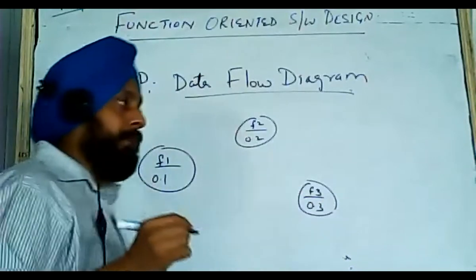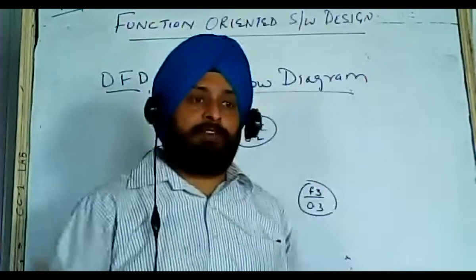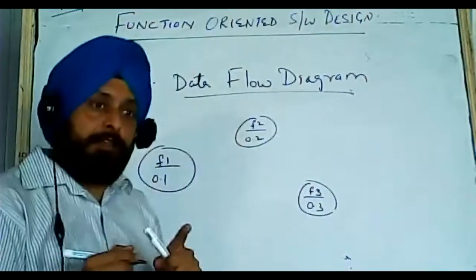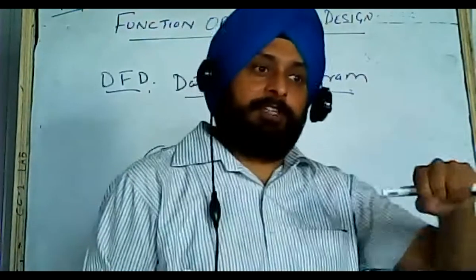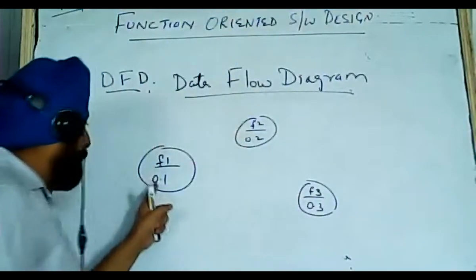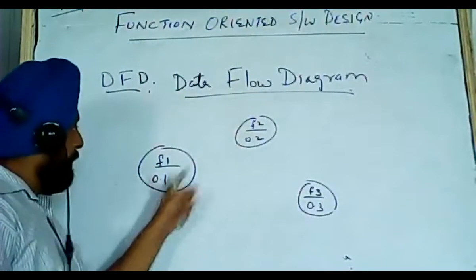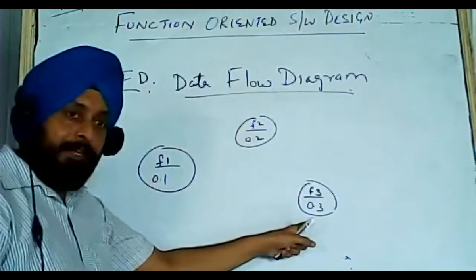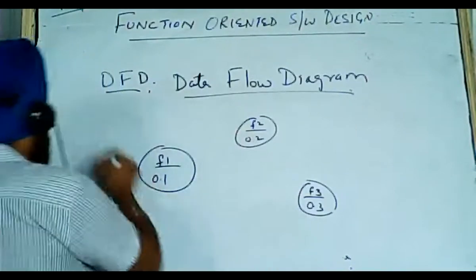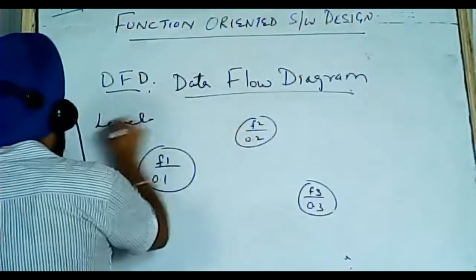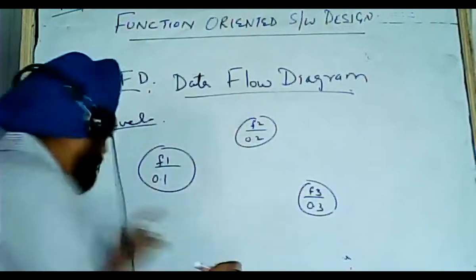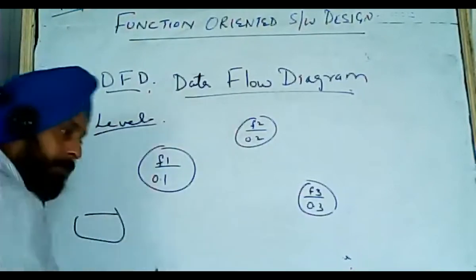It means the main system is divided into 3 main functions, but your whole system is represented as 0. The first function of your system will be numbered 0.1, another function 0.2, another function 0.3. So this is level 1 of the DFD. No doubt, it will also have some external entity.